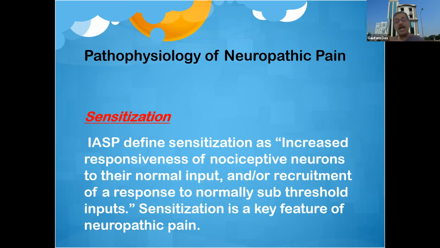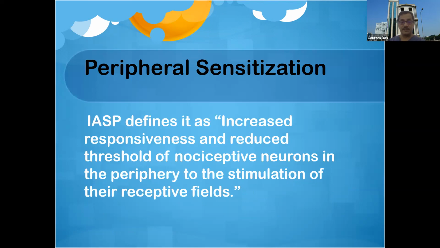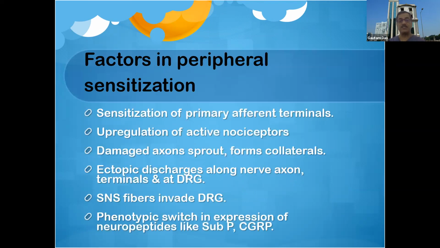This is because of amplification, and this amplification is basically sensitization. It is because of changes in the peripheral nerve or changes in the central nervous system. Changes in the peripheral nervous system are called peripheral sensitization.